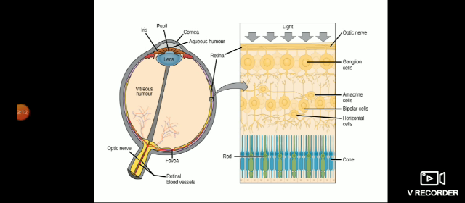Again, one thing I would like to tell you, where the optic nerve emerges, there is a blind spot, so no image is formed. But above the blind spot there are many rod cells, so there is a sharpness of the image over there.